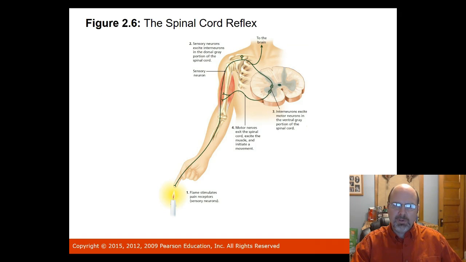For instance, if you put your finger on a candle, the flame will stimulate pain receptors, and then a sensory neuron will go directly to your spinal cord. So instead of this message going to your brain saying, hey, your finger's on fire, it goes immediately to your spinal cord. The spinal cord sends a message immediately to your finger to pull away. So it doesn't even involve your brain.